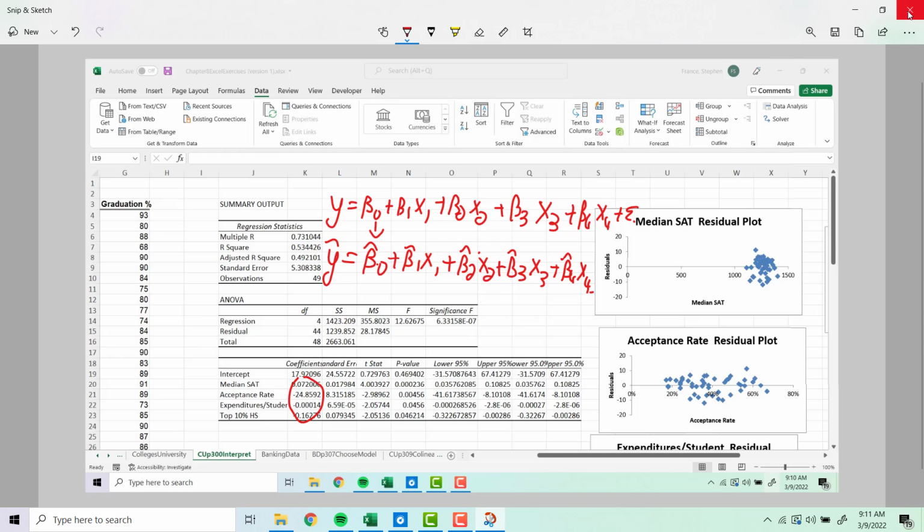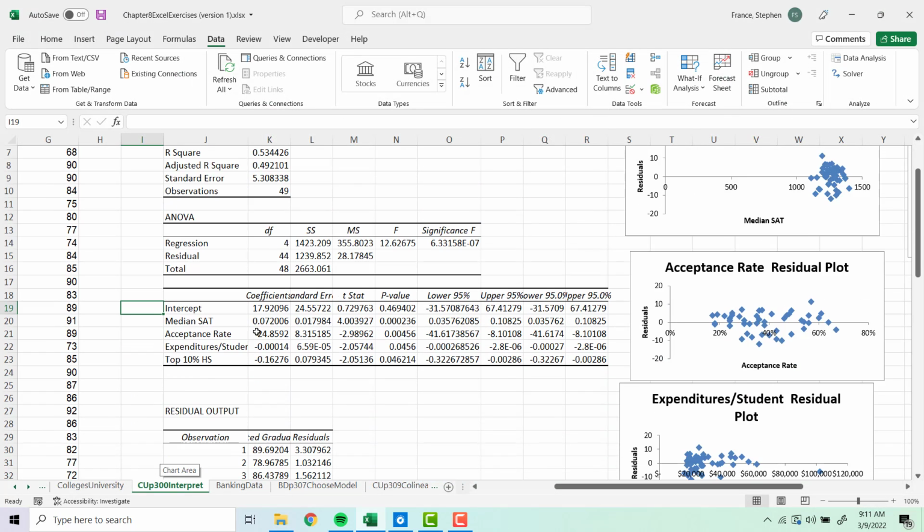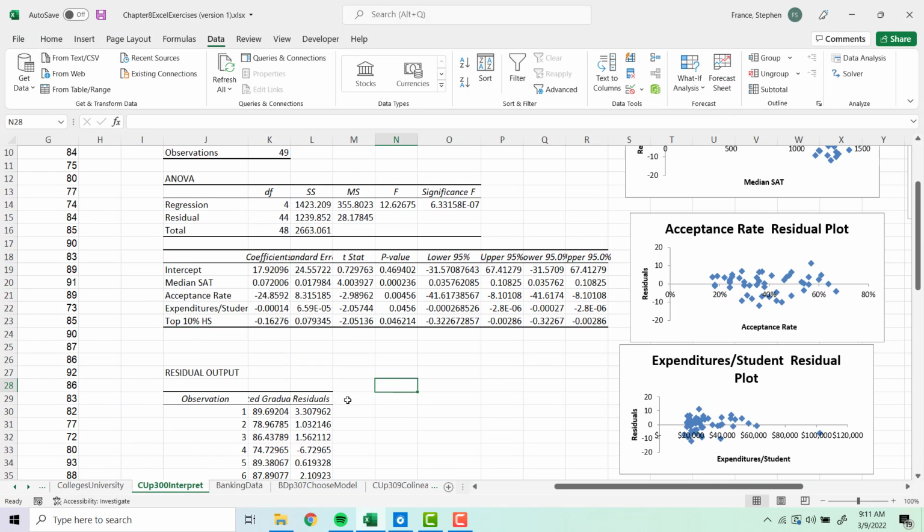And let's just go back and go through what we did in the book. So say, for example, here we have these coefficients. Let's just imagine we had some new data.